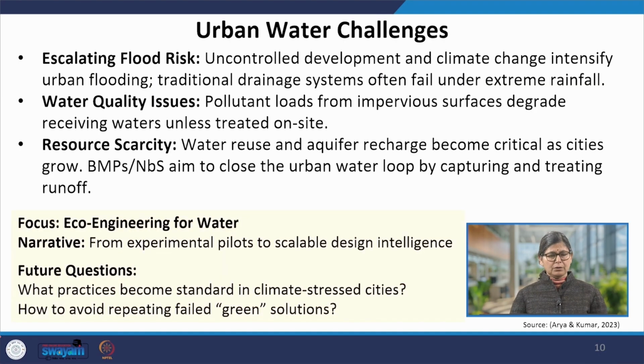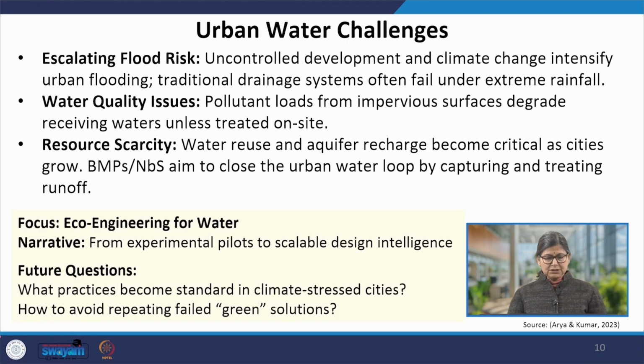Context and framework. The urban water challenge is escalating the flood risk as well as the drought risk. Uncontrolled development and climate change intensify urban flooding. Traditional drainage systems often fail under extreme rainfall. Water quality issues: pollutant loads from impervious surfaces degrade receiving waters unless treated on site.